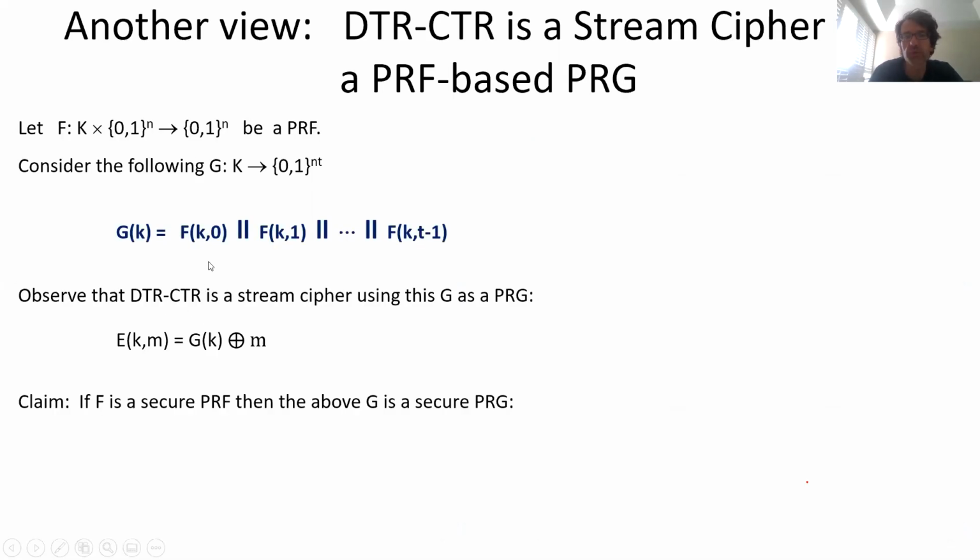Another way to do this is to recognize that if you collect PRF output on consecutive integers, or in fact on any distinct constants or arguments really, then that forms a PRG. So if you have a block cipher, or a PRF, then you have a very easy construction of a PRG. Just run a PRF on any distinct constants as long as you want, because of polynomial time.